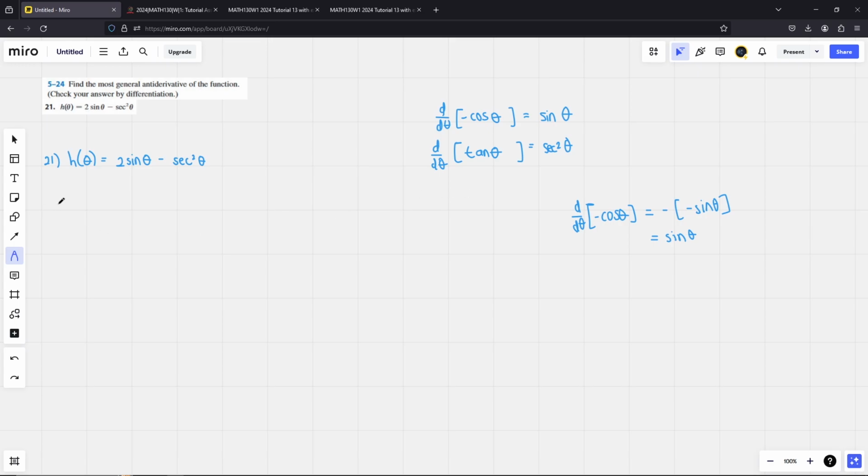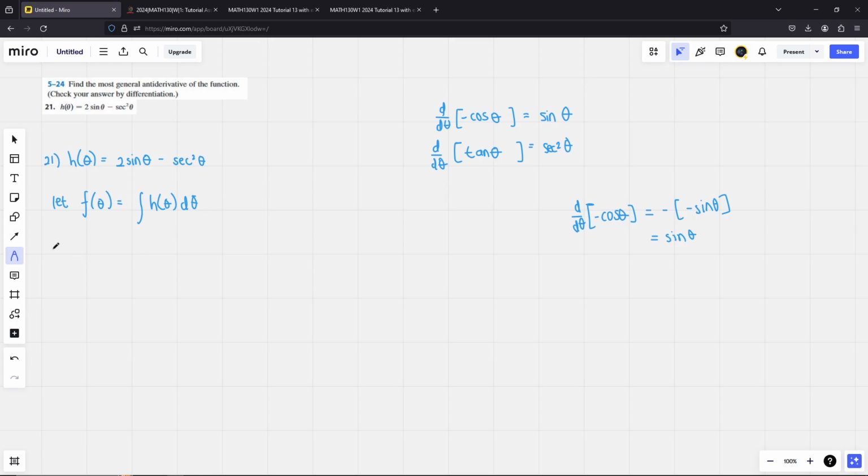So let's get into the solution. Well, I'm going to start off by saying, let f of theta be equal to the antiderivative of h. So basically what I'm going to solve for. And this d theta means with respect to theta.